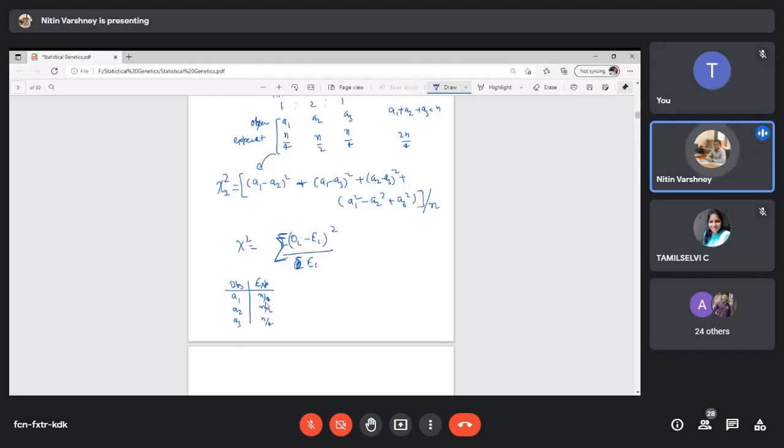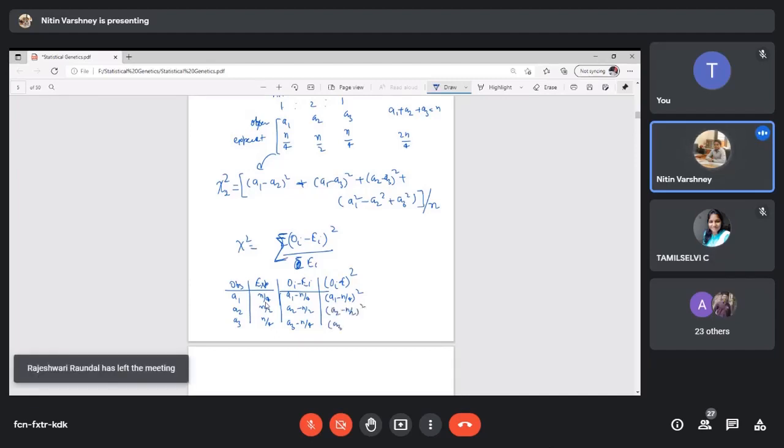So oi minus ei will be a1 minus n by 4, then a2 minus n by 2, then a3 minus n by 4. Then we will square oi minus ei, and then divide by ei.